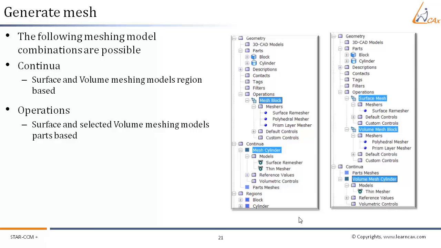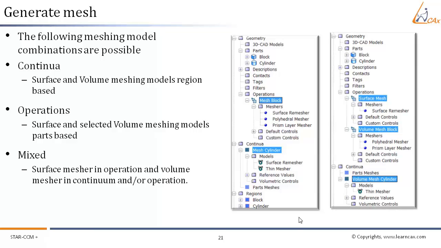In the operations-based method, surface and selected volume meshing models are parts-based. While in the mixed method, the surface mesher is in operation and the volume mesher is in continuum and/or operation mode. We will study all this in much more detail while we learn to mesh in STAR CCM+ in our future course sections.